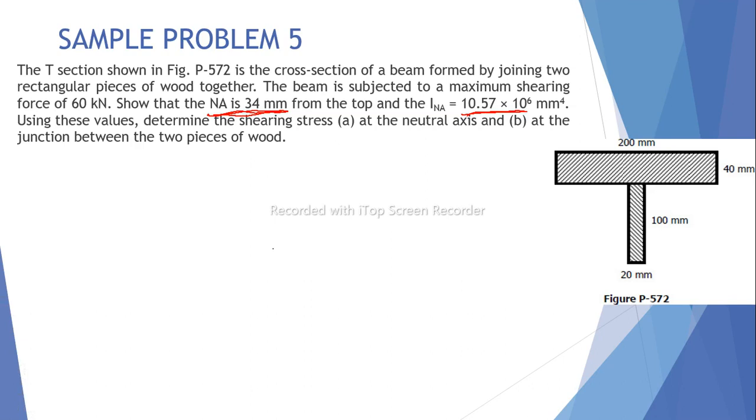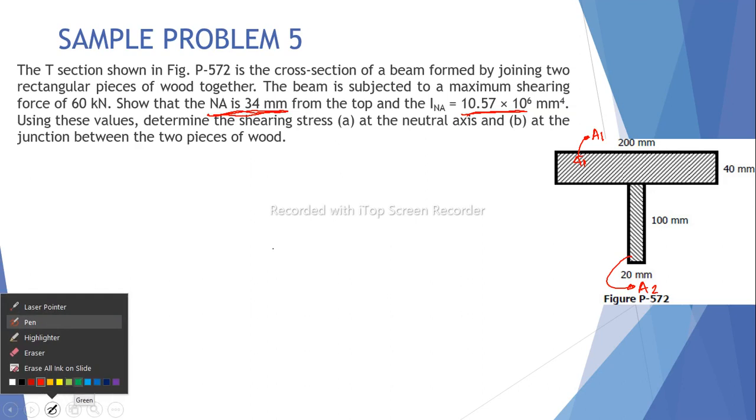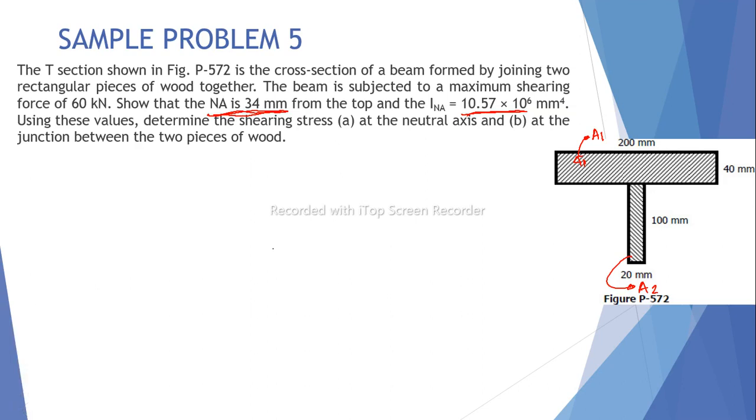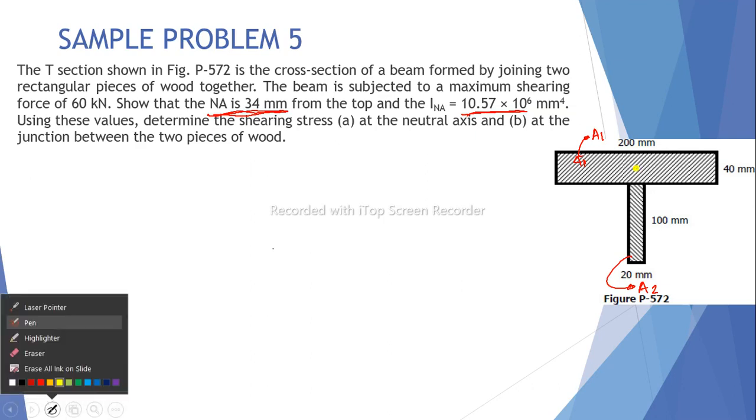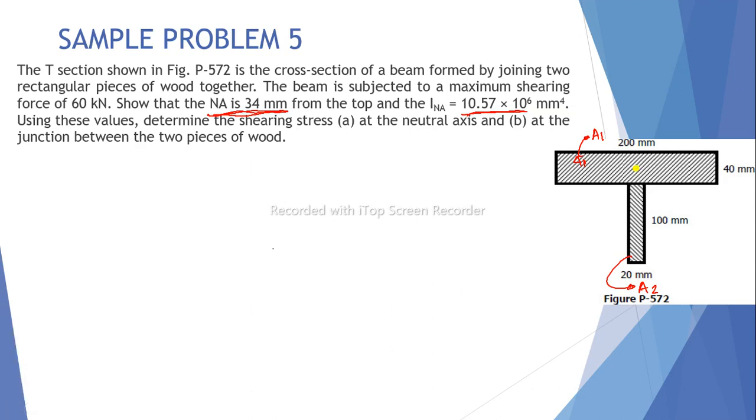The first thing we see is that we have area 1 on this side, the upper one, and area 2 for the lower one, since these are two areas. Let's establish their centroids. The centroid for area 1 is in the middle of area 1, and the centroid for area 2 is also in the middle.